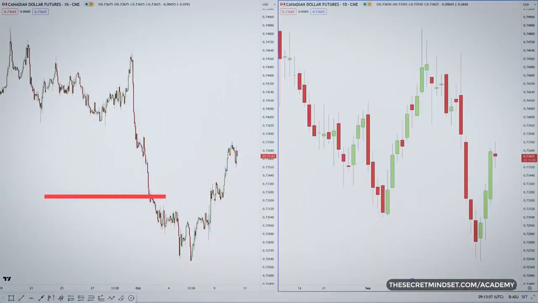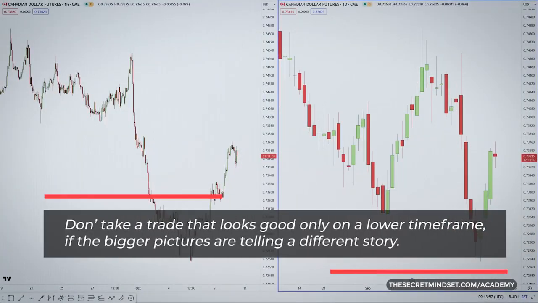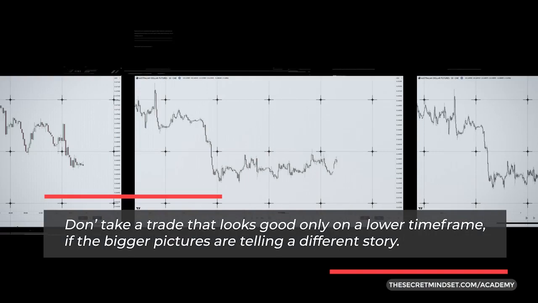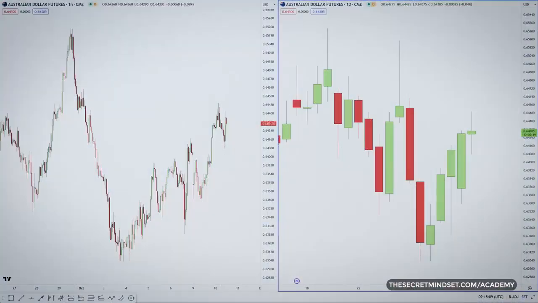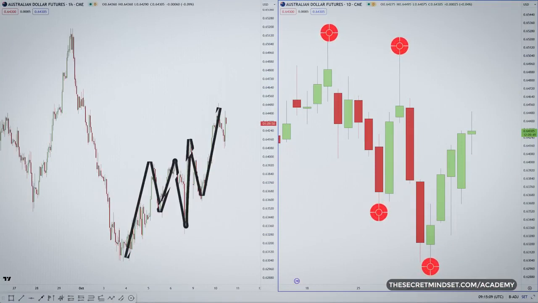I don't want to take a trade that looks good only on a lower timeframe if the bigger pictures are telling a different story. Finding consistency between timeframes helps validate any setups I see forming. Paying attention to conditions on longer charts helps make sure I don't miss something important happening at higher levels. And getting confirmation across time periods helps reduce the chances of being whipsawed by the temporary moves on a single scale.